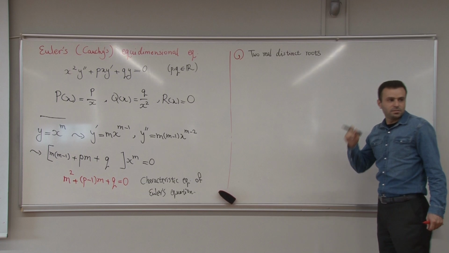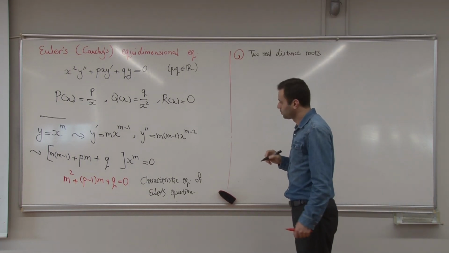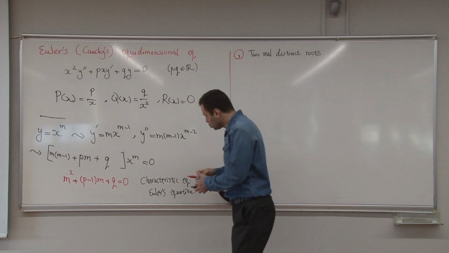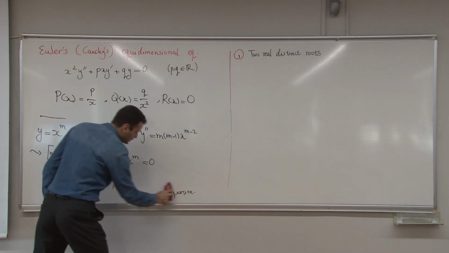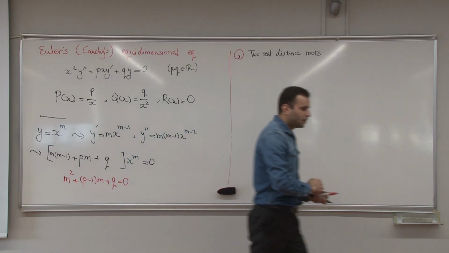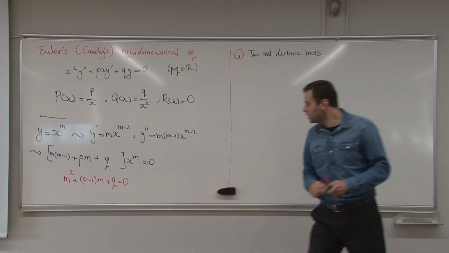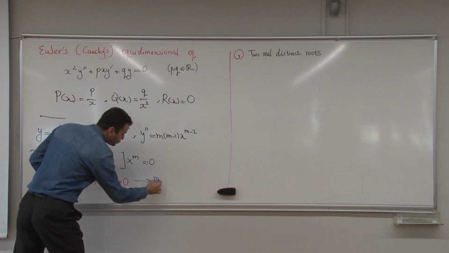When this happens, if we want to write, let me just put this one here. From this equation, what are my values of m1 and m2? What are my roots?